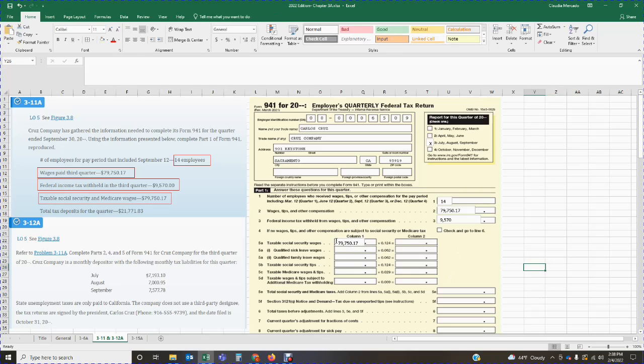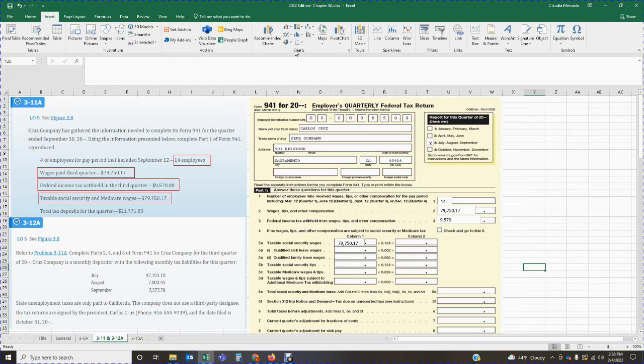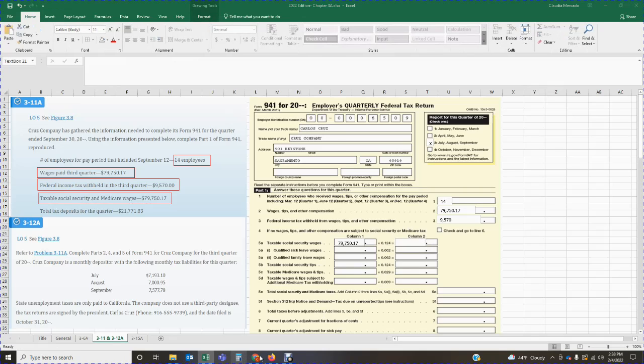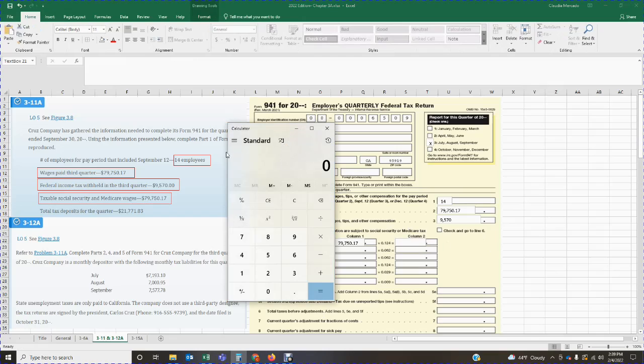Now the line item says that we're going to get that item that you enter in column 1. We're going to multiply it by 0.124 and we're going to enter that in column 2. Okay? So we're going to go ahead and we're going to get our calculators out. Okay? Let me get my calculator. Okay?